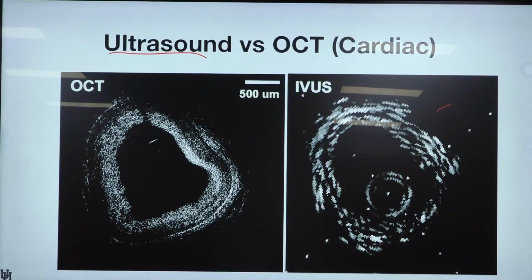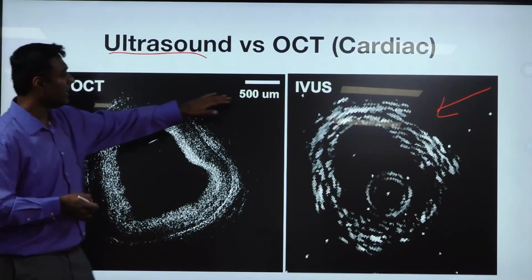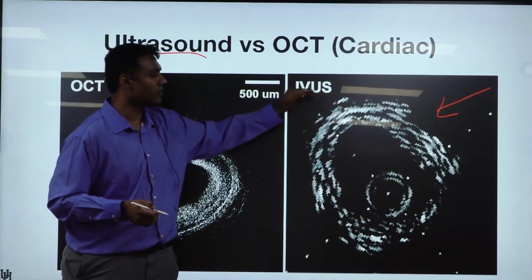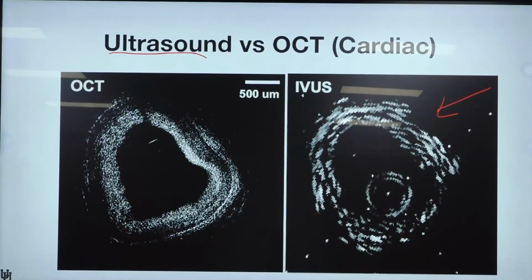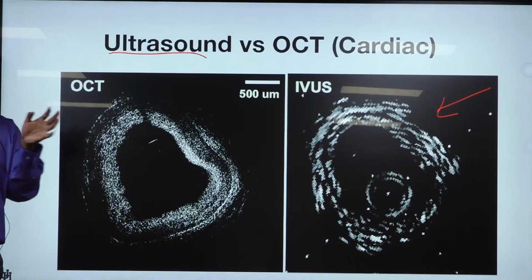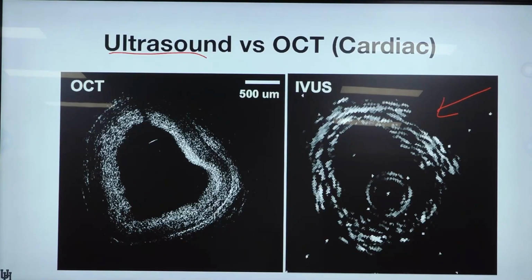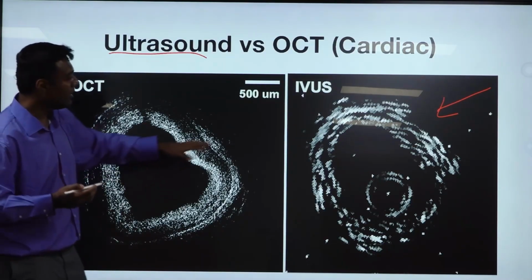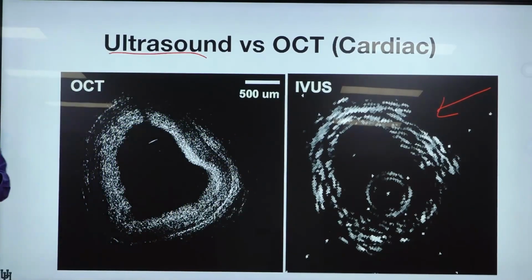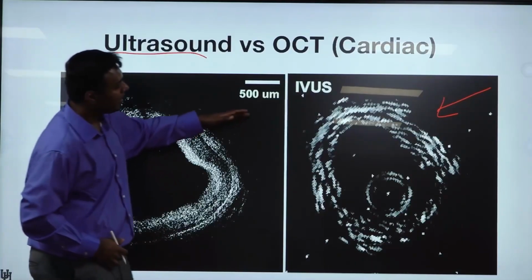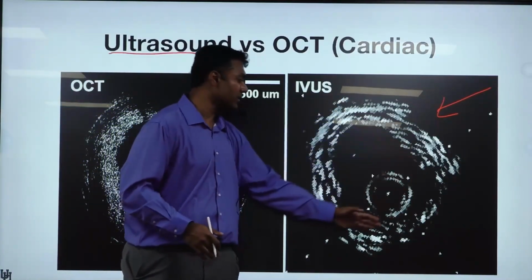The old version of doing it was called IVUS, in vivo ultrasound. Ultrasound is where you can get depth information, so they made endoscopes with ultrasound. But because sound waves have long wavelengths, the resolution you can get is quite poor, as you can see.